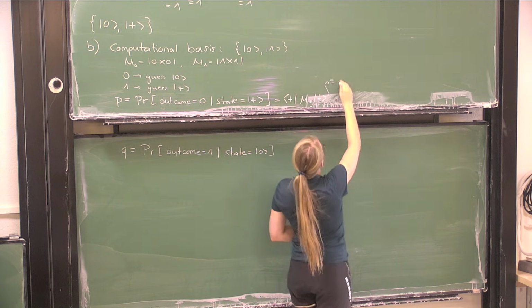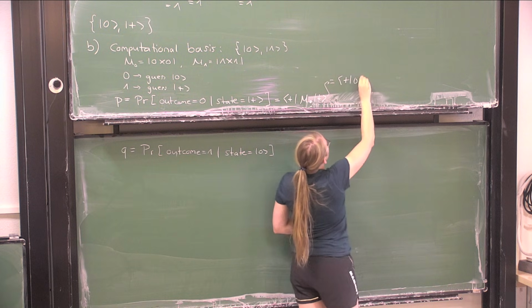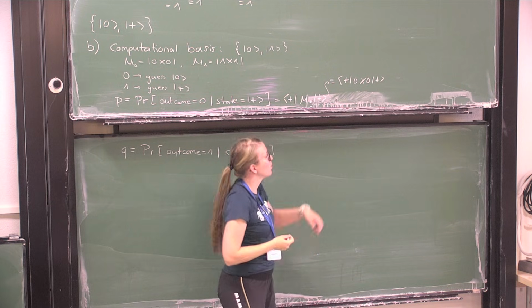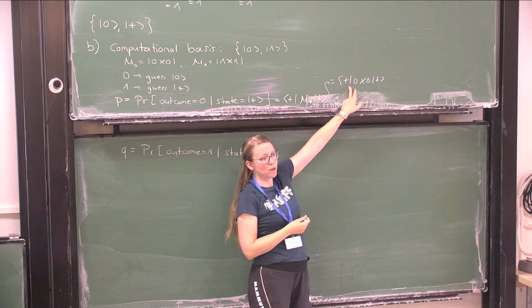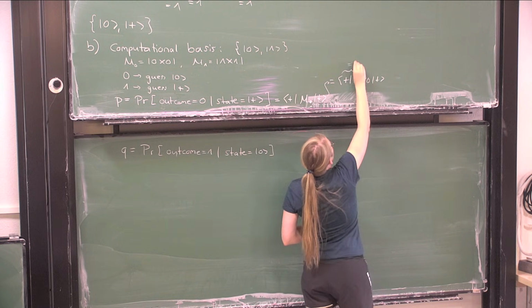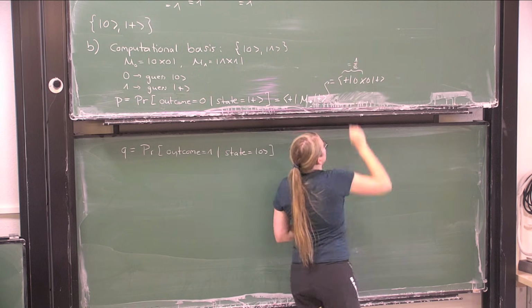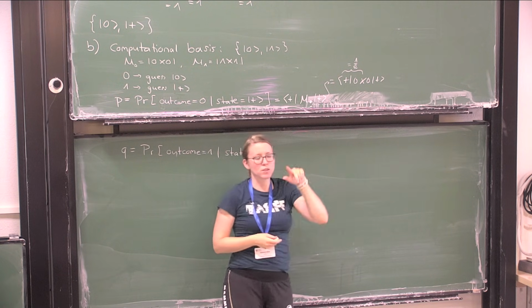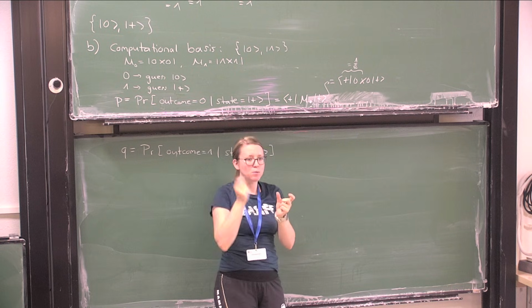If you plug in the measurement operator, this is what you get, and then you have to calculate the scalar product between plus and 0. If you do that, you see that it is 1 over square root of 2. Remember, you could express plus as 1 over square root of 2 times the 0 state plus the 1 state.